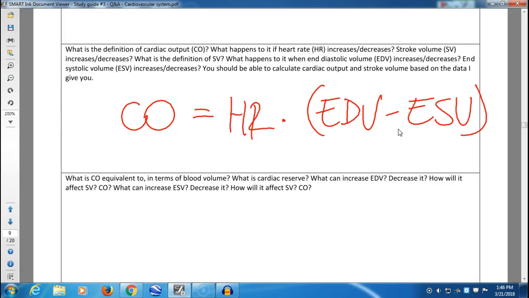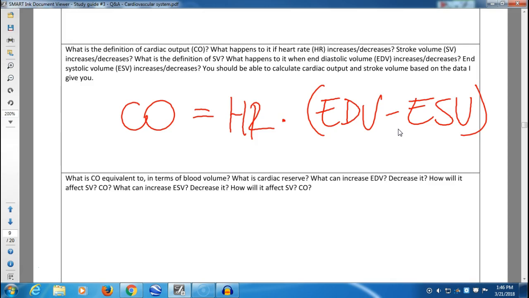Does that make sense? However, in the exam, when I ask you what happens if heart rate goes up, you presume that everything else remains the same. Am I clear? Okay? Deal? So it's a 100% presumption.